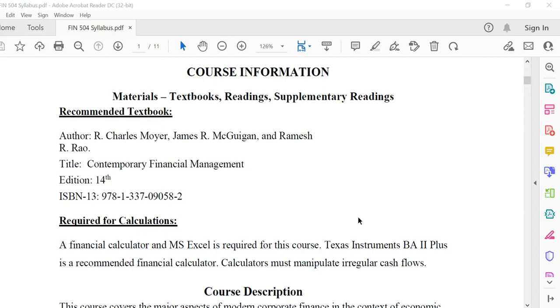No, that is not true. It is still the most required skill. So I will try to include Excel in my teaching as much as possible. And in your assignments also, you will be given one or two assignments which will be based on Excel. So make yourself comfortable with MS Excel.